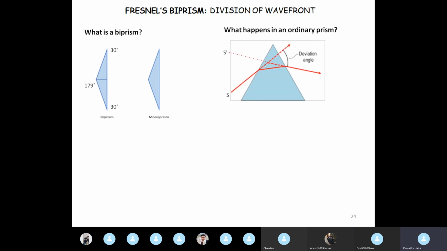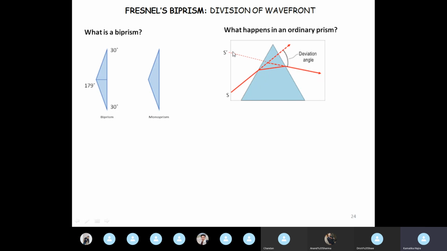Now let's see what happens in an ordinary monoprism that we use in the laboratory. You all have done this diagram several times, I think starting right from your secondary level, class 9 or 10. So what does an ordinary prism do? Light coming from a source gets deviated inside the prism, and then when it comes outside, it again enters the rarer medium, and so it is further deviated.